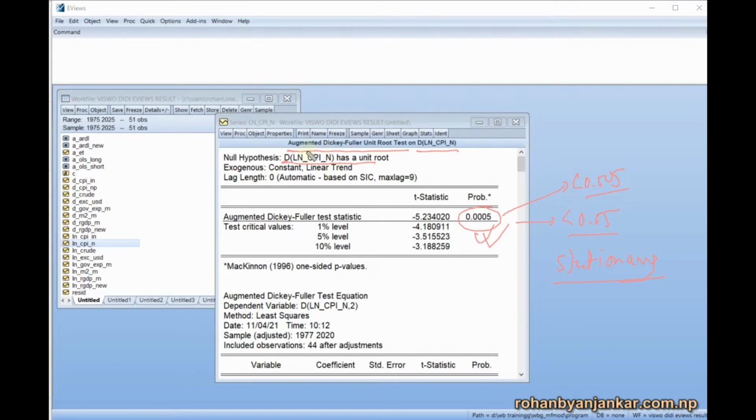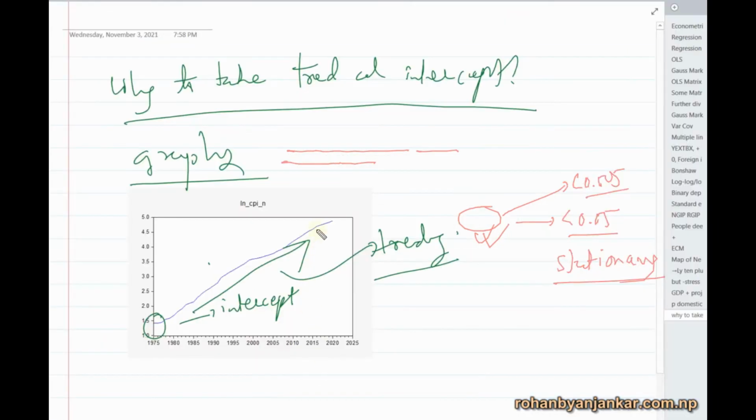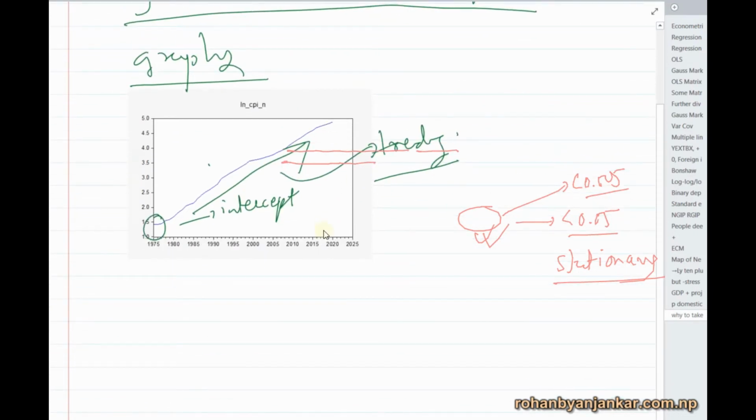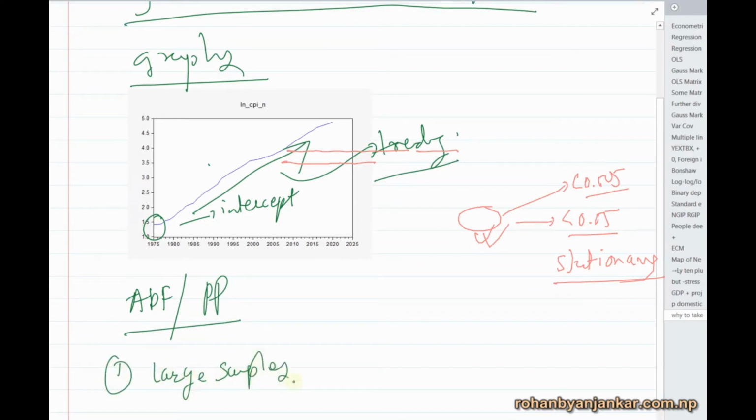The weakness of the ADF test, or any other unit root test, is this. The ADF or Phillips-Perron tests need large samples, and if the sample is large then these test results are accurate or valid. This is called the power of the ADF or PP test.